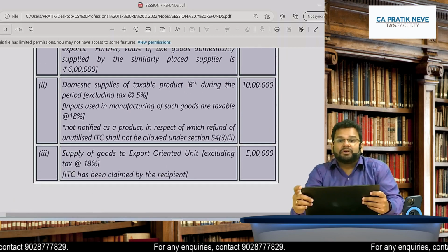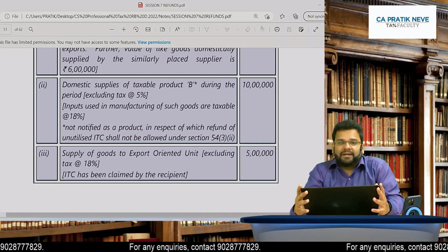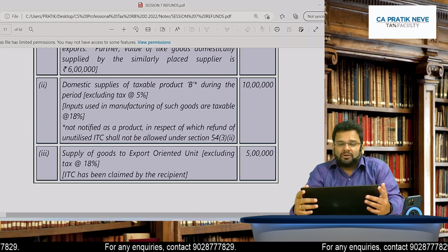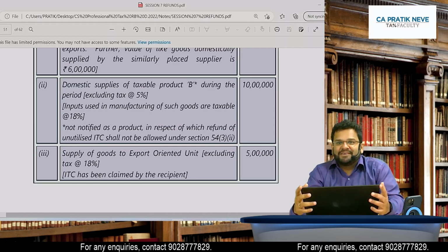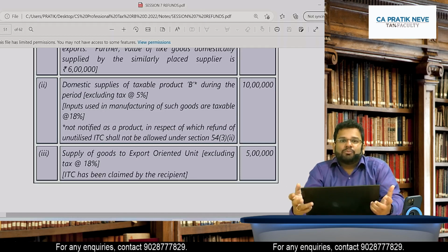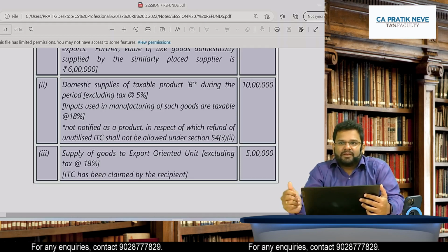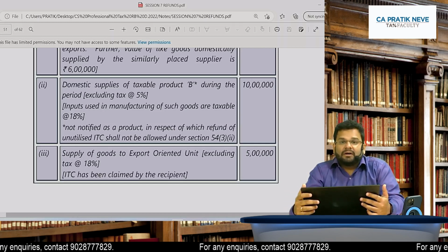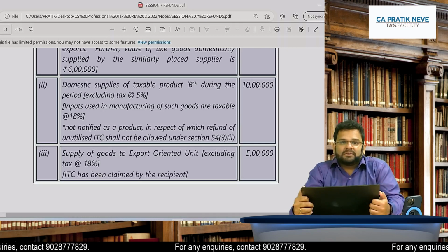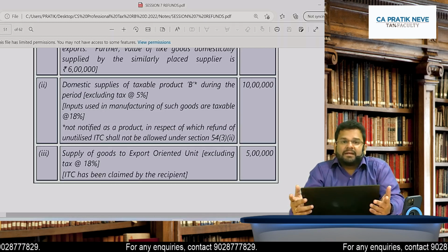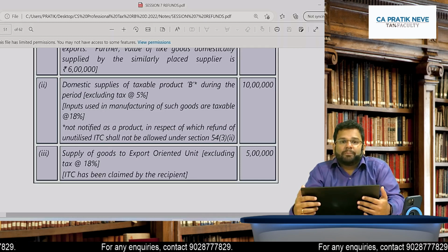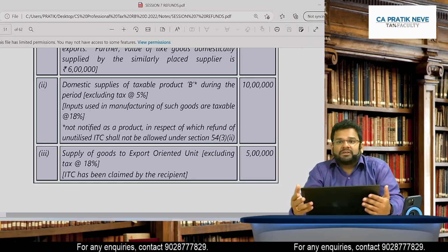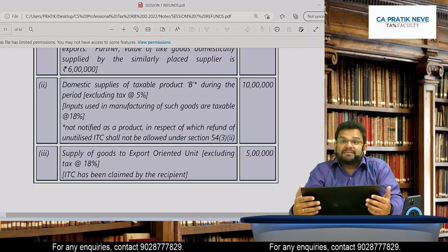Fine, very good. So I hope that this session helped you to revise a lot of things, and of course look at some things with a new perspective, or rather refresh those things. So fine, now we will meet at 8:15, and then we will do the topic of inspection, search, seizure, arrest.